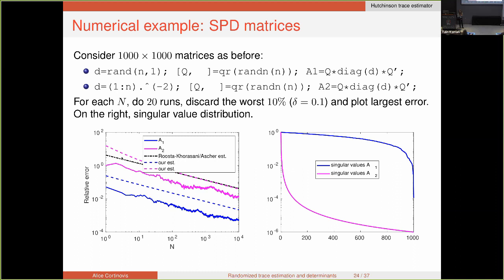You can get a better estimate, not always, but the estimate of the previous slide is adapted to the matrix. So whether you have a faster or a slower singular value decay, it follows the actual behavior of the estimator.